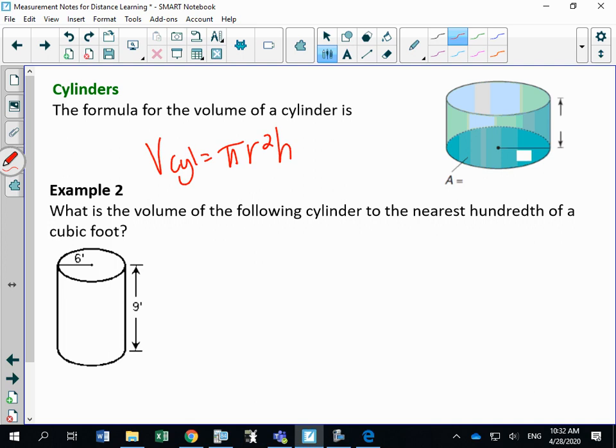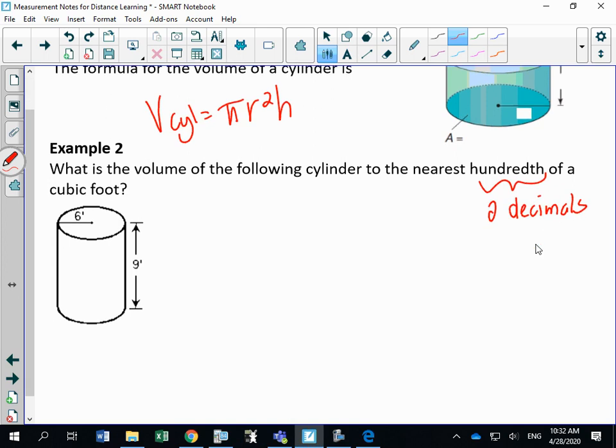Okay. Example number 2. What is the volume of the following cylinder to the nearest hundredth? Remember that a hundredth is 2 decimals. Sometimes students will say to me, how do you remember that a hundredth is 2 decimals? So I always say, well, if you write the number 100, how many zeros does it have?